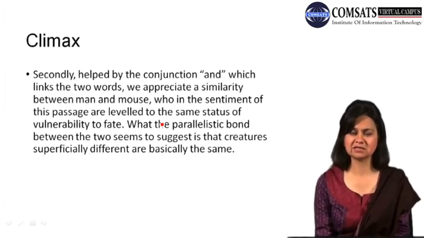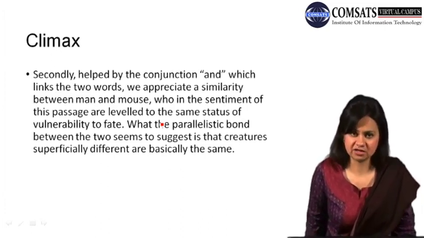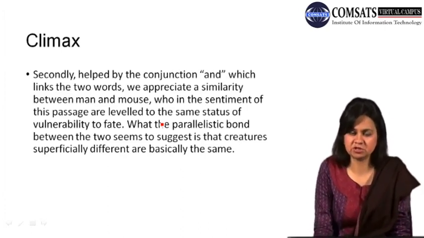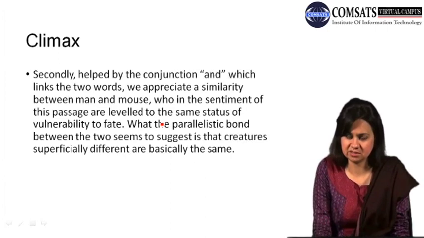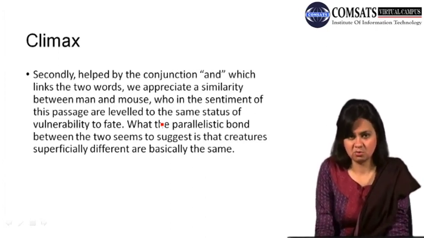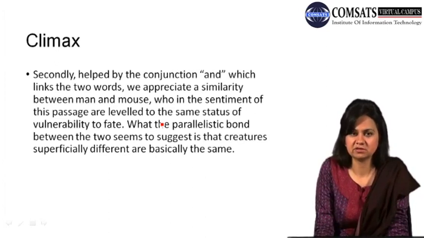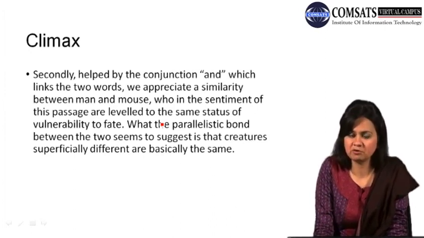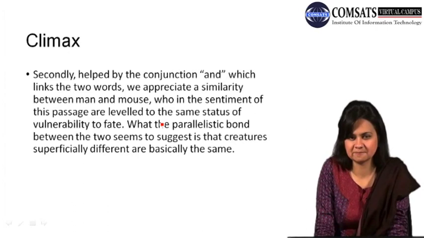That identity is created to reveal a contrast, but within that contrast, the irony of the situation is highlighted, how men and mice, who are apparently different, are the same at the level of their vulnerability towards fate and their grotesque actions, which make a man stoop or fall to the very same level where a mouse or a filthy creature lies.